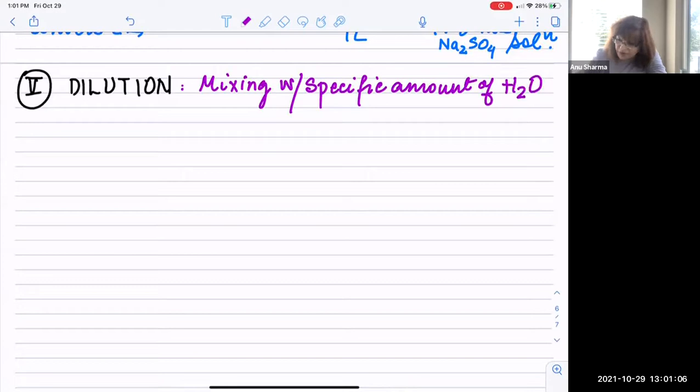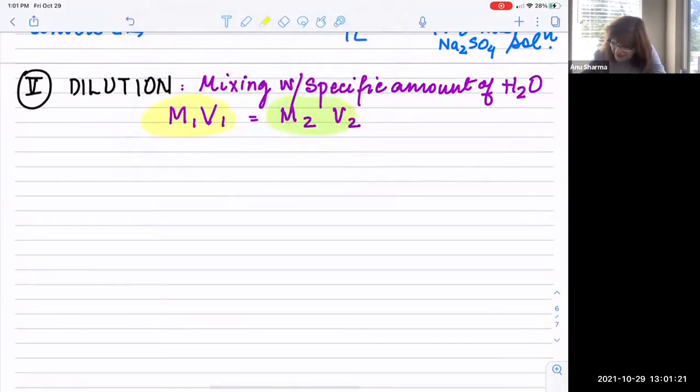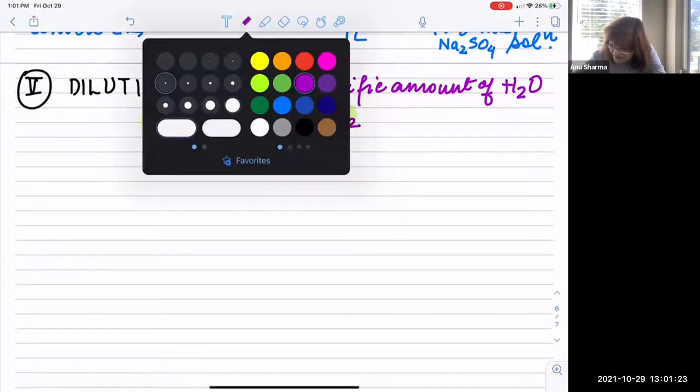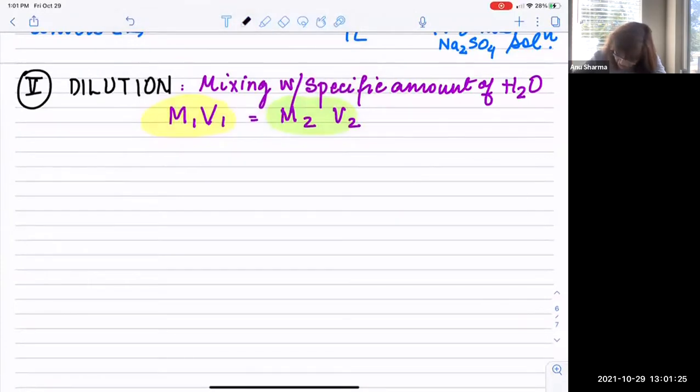So how much water are we going to add? We determine it through the formula M1V1 = M2V2. What does this mean? This side is a higher concentration solution: the molarity is high, but the volume you use is low.